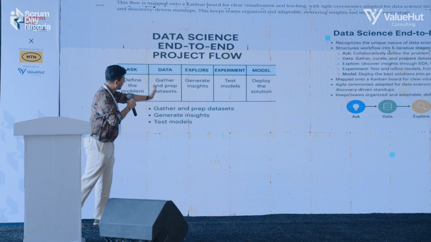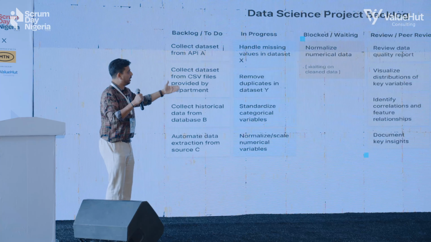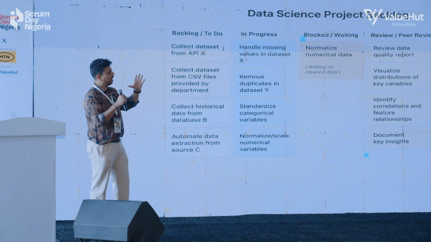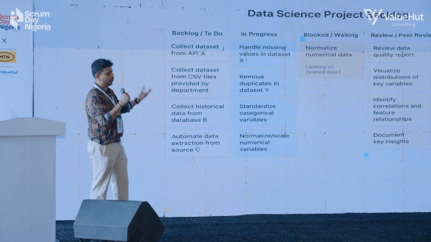So this is typically, from my experience working with a lot of data science teams, how a structured backlog would look from a data science perspective. Again, you are building a backlog from a Scrum perspective, which is a good practice if you're developing some software application. But if you're entirely building a data science application where you're focused on building the models and generating insights, this is the best approach.